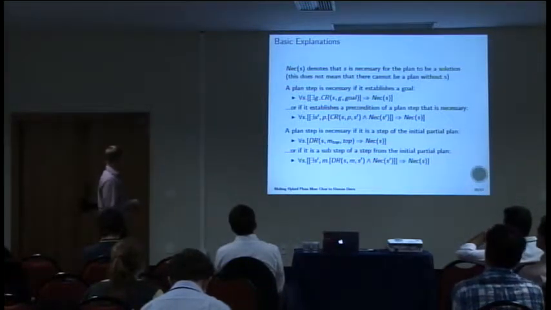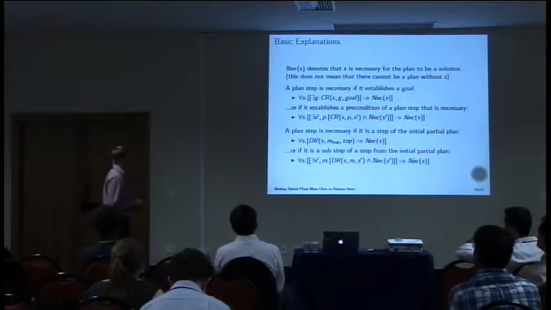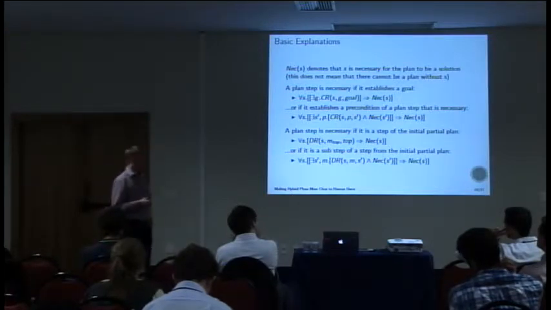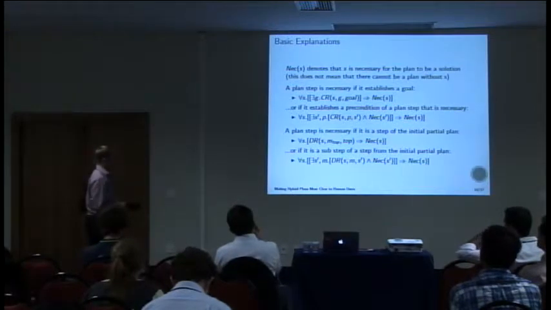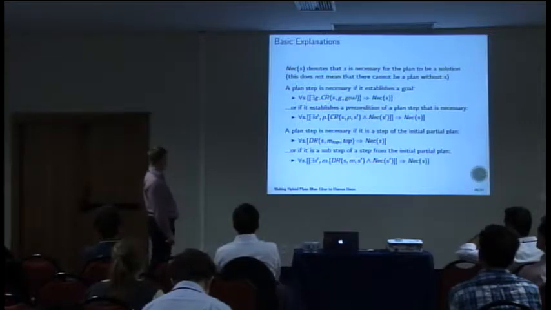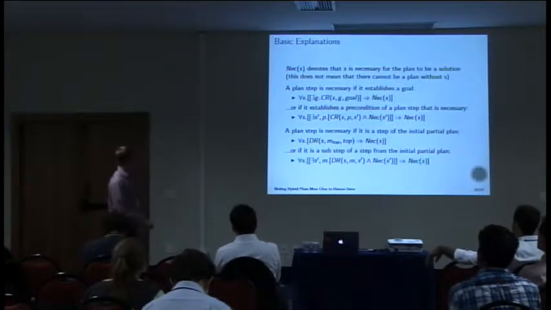Then the second 2 axioms do the same for the decomposition relations. So if S is a substep of top, which means S is a plan step from the initial plan of the planning problem, then S must really be there because it was specified by the user that it has to be there. Specified by giving the original problem formulation.